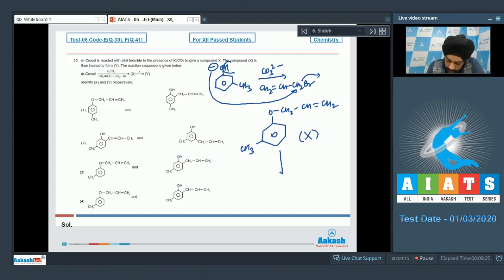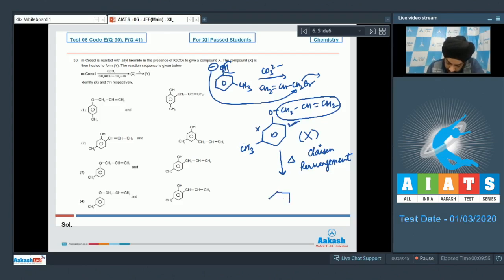Now if we talk about the heating of this compound X, students, when we heat this compound, there will be Claisen rearrangement. I'm sure you all are aware of this. Due to this Claisen rearrangement, this indicated group will attach to the benzene ring at the ortho position. There are two ortho positions which are competing, and obviously the substitution is going to happen at this position because the other site is hindered due to the presence of this methyl group.